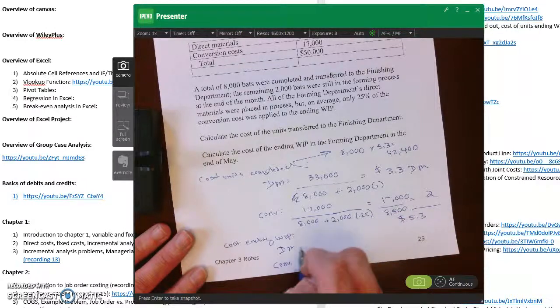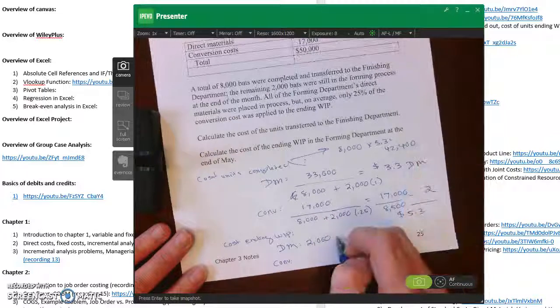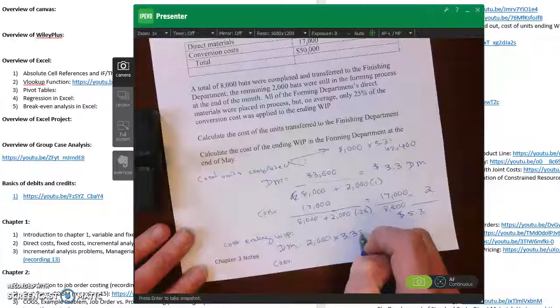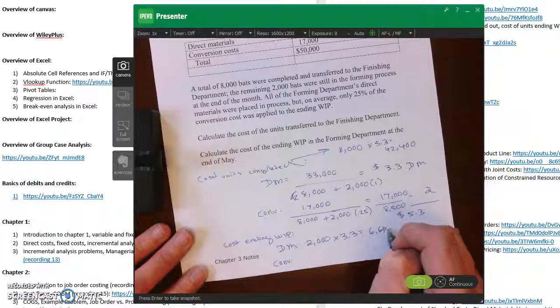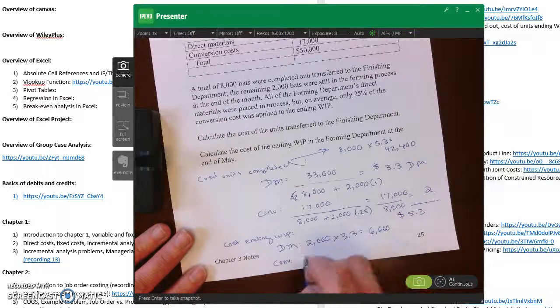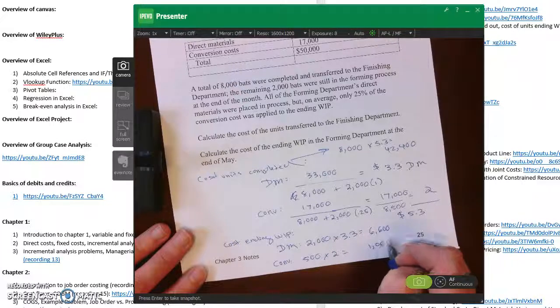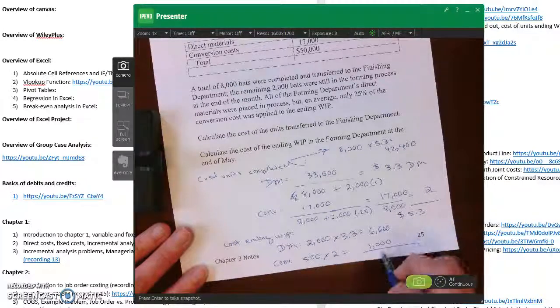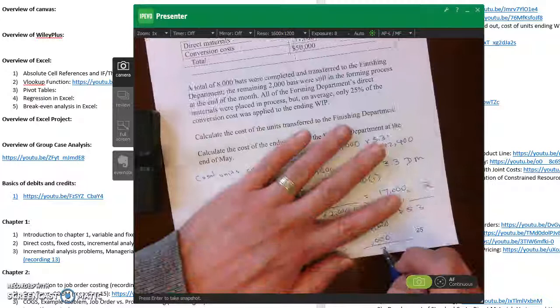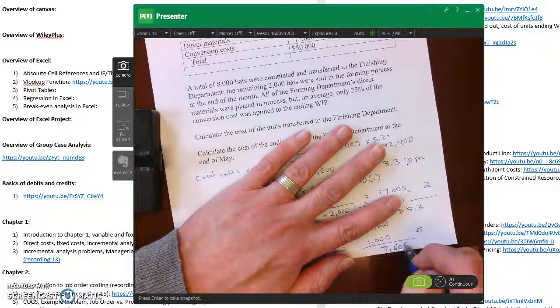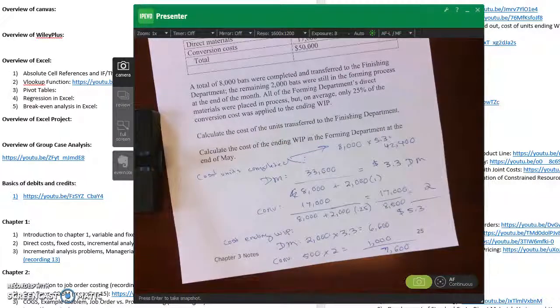How many units are in ending WIP with respect to materials? 2,000 times the cost per unit of 3.3, which equals 6,600. And I come over, how many units were over here? 500 times the 2 gives me $1,000. And then the total of ending WIP is, therefore, $7,600. Okay? $7,600 in the cost of ending WIP.